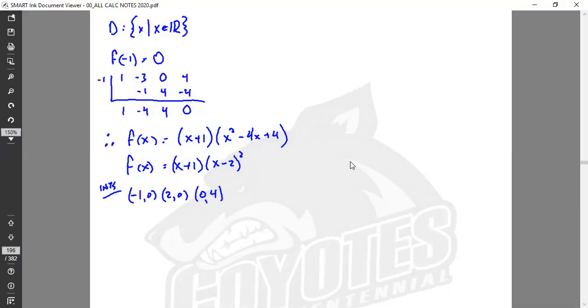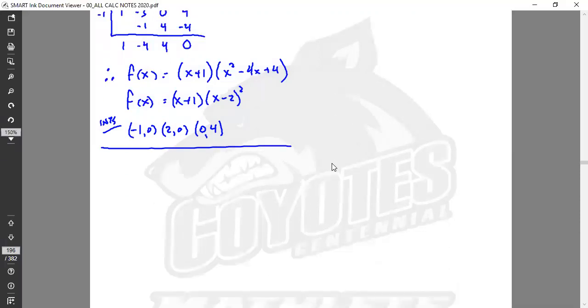All right. Moving on. First derivative. F prime of x is equal to 3x squared minus 6x. We factor that, it ends up being 3x bracket x minus 2.